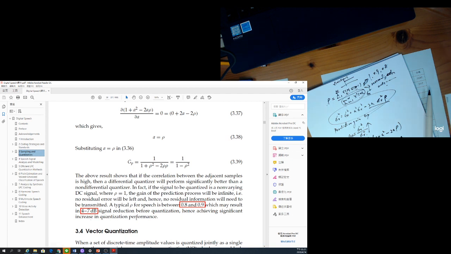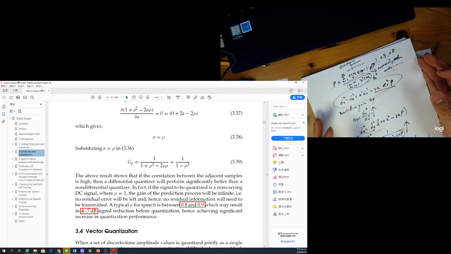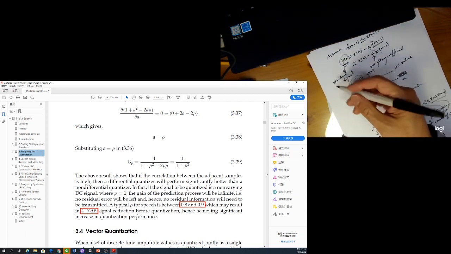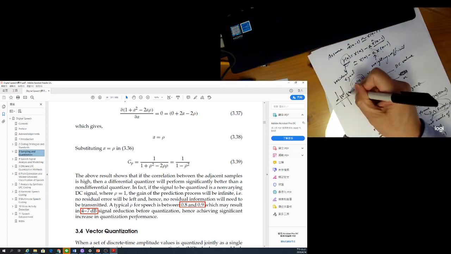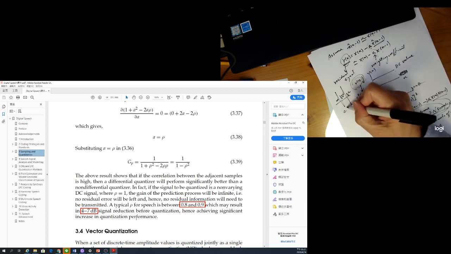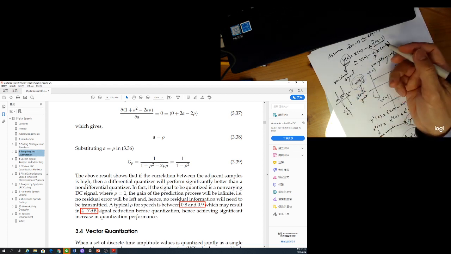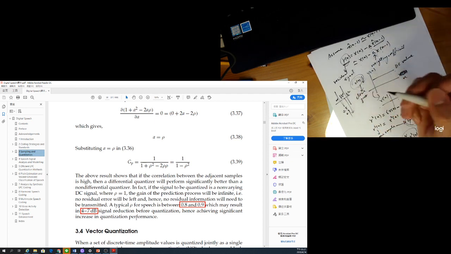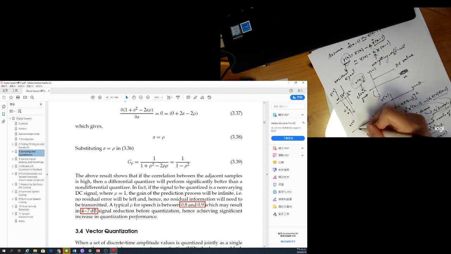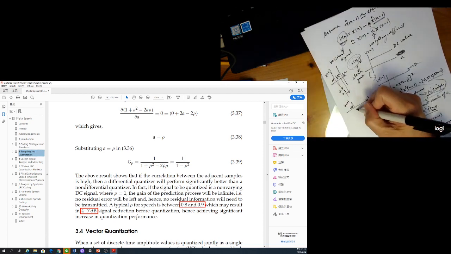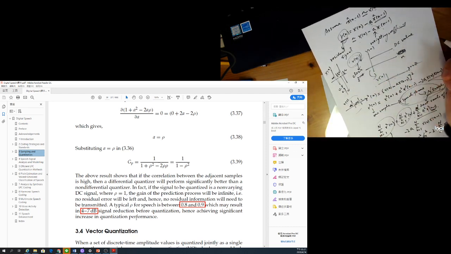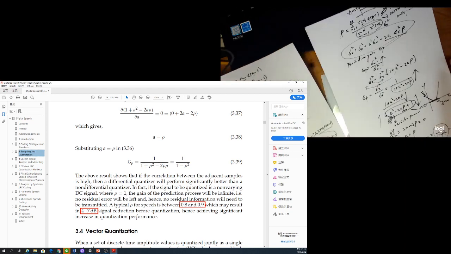So before quantization, the deviation of our signal is reduced, which can increase your quantization performance. The main idea here is that our speech signal is highly correlated between neighboring samples, right now around 0.8 or 0.9 depending on your signal variation. If you do the differential, the dynamic range of the original signal becomes smaller, and that also makes the performance better.